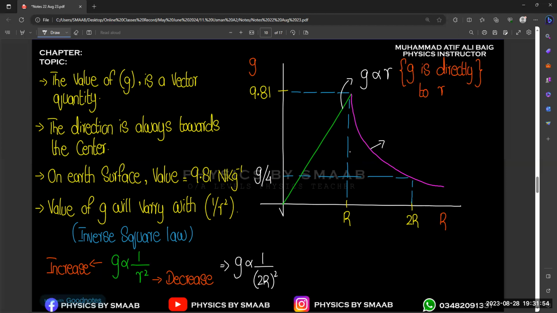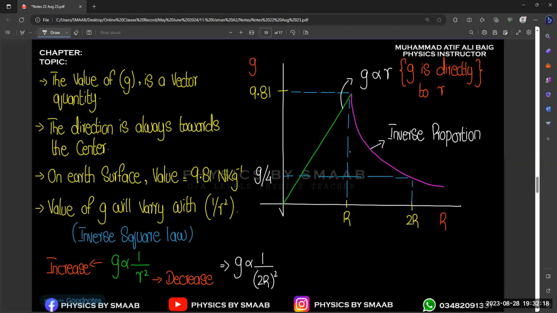And if we talk about the purple line, the purple line shows you inverse proportion, right? So inverse proportion, because we know that both are in inverse relation, value is decreasing, radius is increasing.